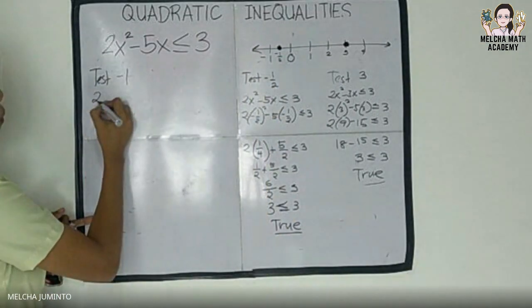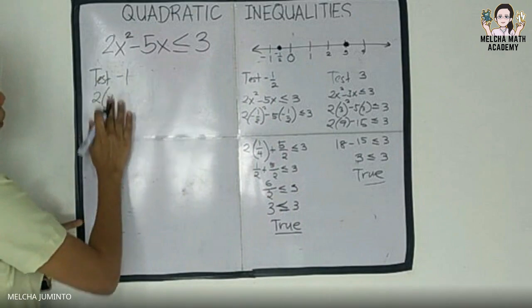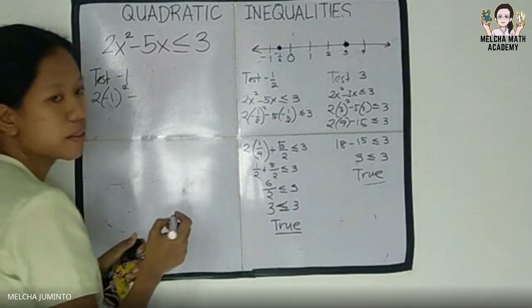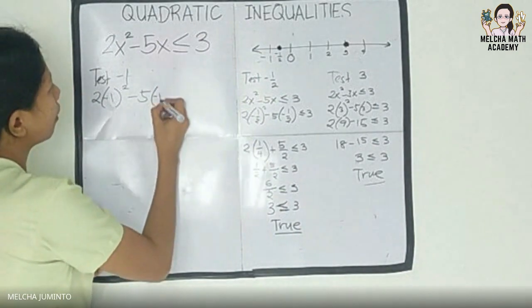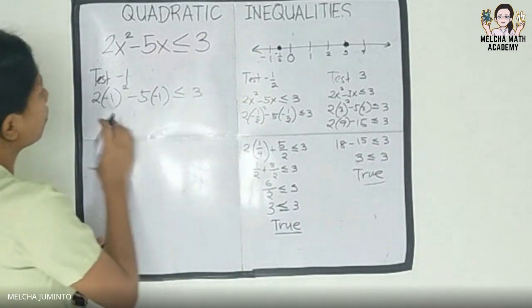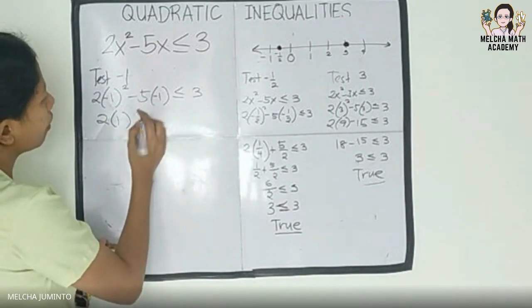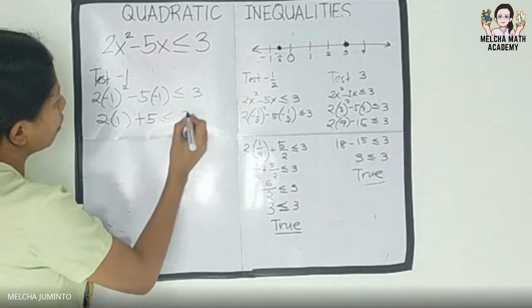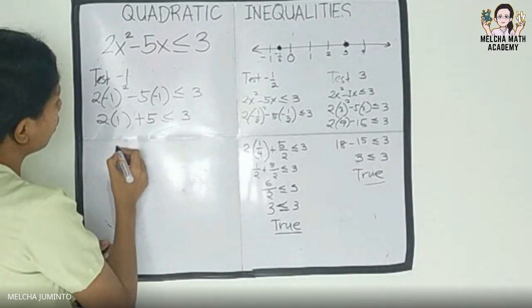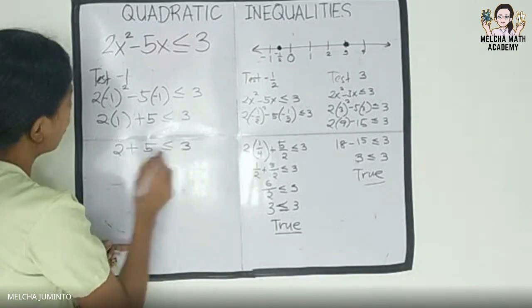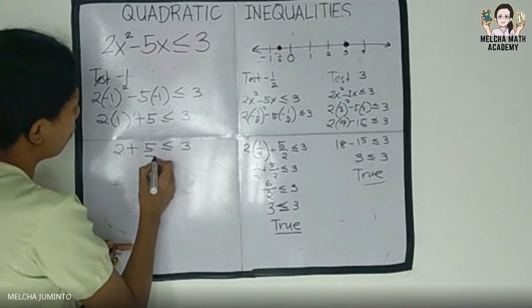So we use the original inequality, negative 1 squared minus 5 times negative 1 less than or equal to 3. Square negative 1, positive. Multiply 2 negative, positive, less than or equal to 3. 2 times 1 is 2 plus 5 less than or equal to 3. 2 plus 5, 7.